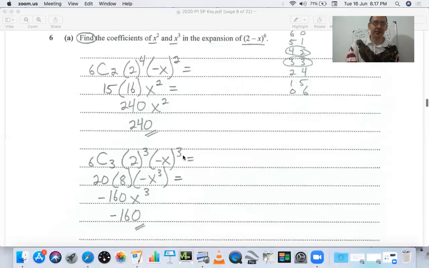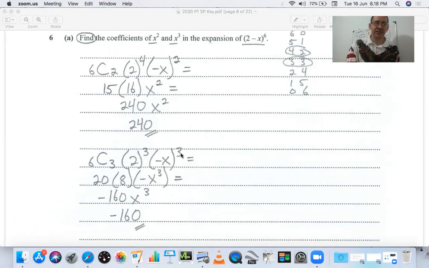Then down here, we have our 3 and 3 to get our cubic. Don't forget the nCr, so n is 6C3, that's the second 3 from the B column. So 6C3 gives us 20. Then our A is a 2 cubed from the A column, and the negative x gets this 3 over here on the right.